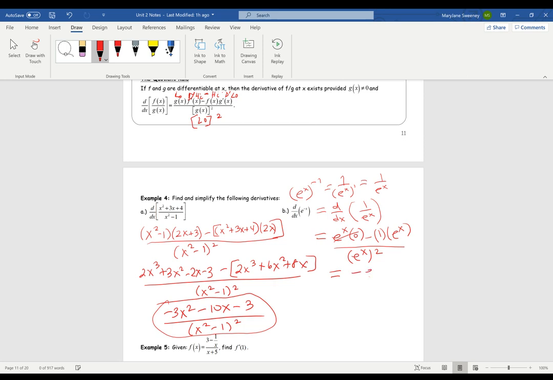So we have minus e to the x over e to the 2x, right? Power to a power, you multiply. And then remember, when you have the same base, you could subtract exponents. So this is negative e to the negative x, right? 1 minus 2 is a negative 1x.